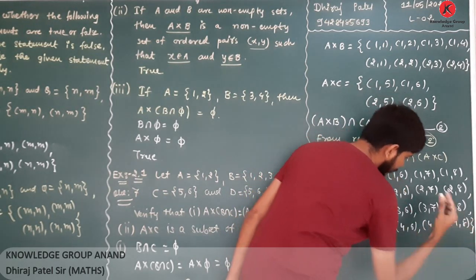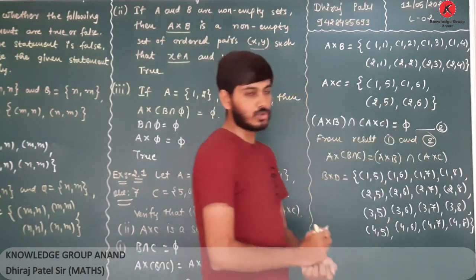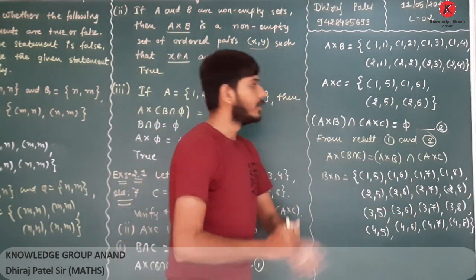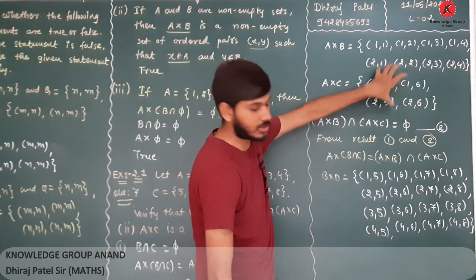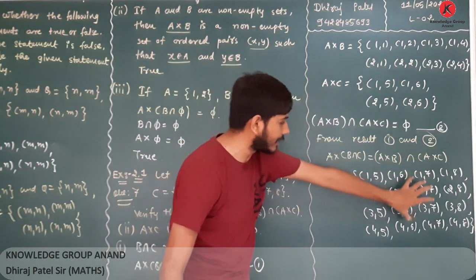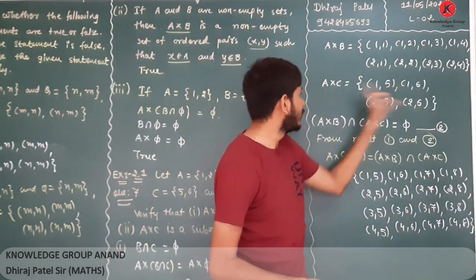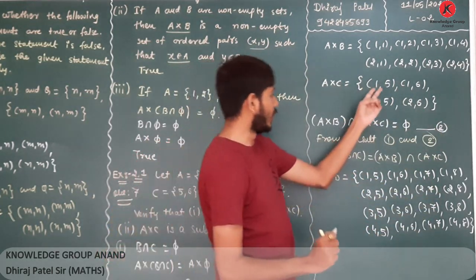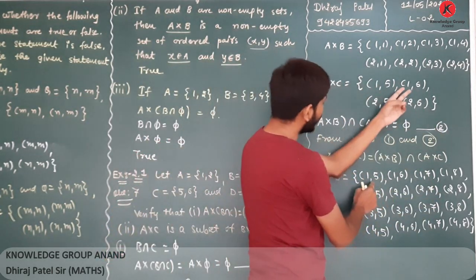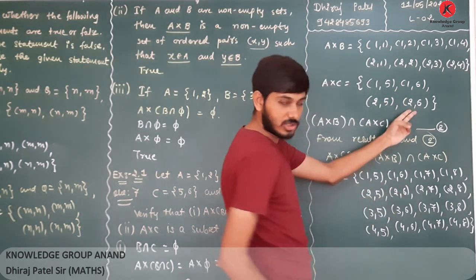See, A cross C is here: (1,5), (1,6), (2,5) and (2,6). B cross D is here. Now check whether all the ordered pairs of A cross C are in B cross D or not. That means check whether the four elements of A cross C are in B cross D. (1,5) is there, (1,6) is also there, (2,5) is also there, as well as (2,6) is also there.